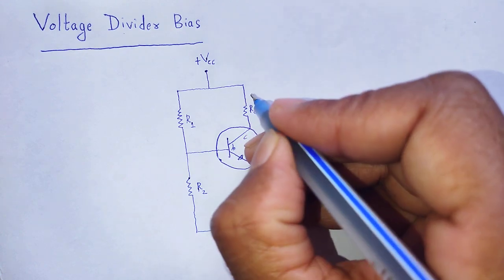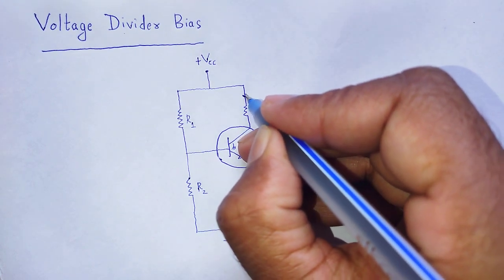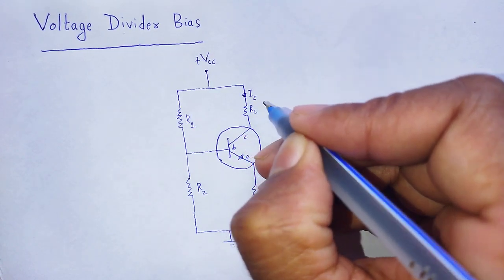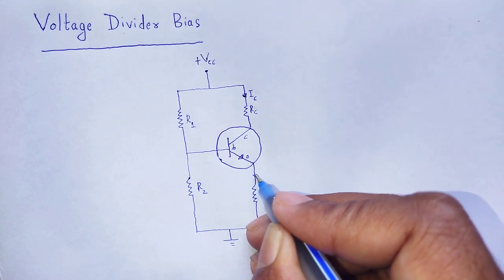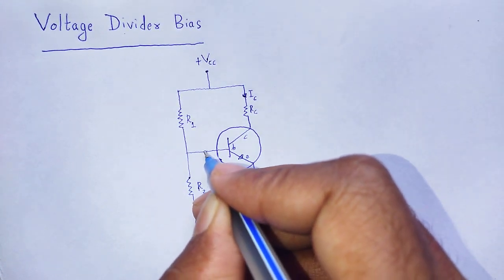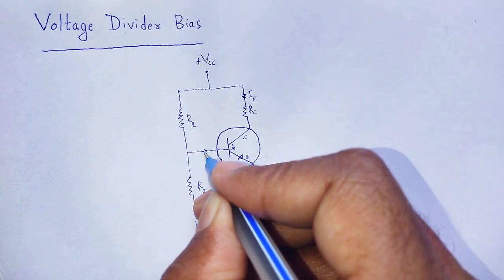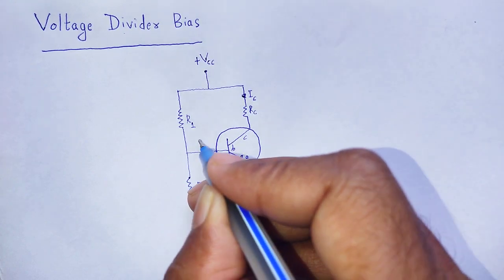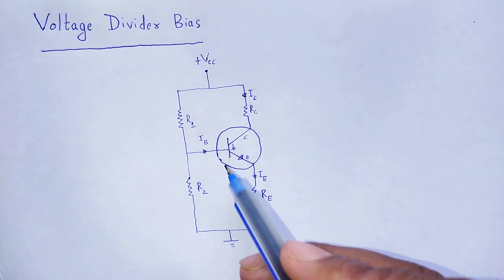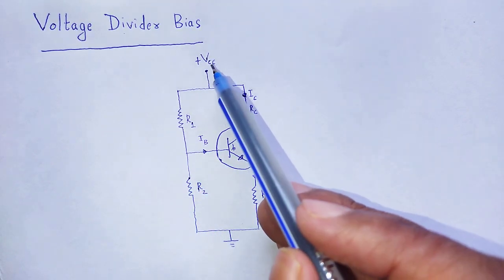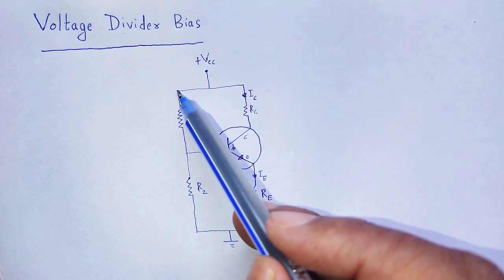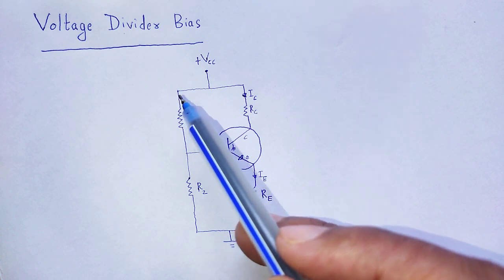The current flow IC, emitter current IE, base current IB. This is a point potential. So, potential at that point also plus VCC.